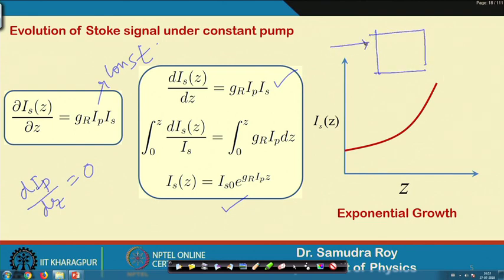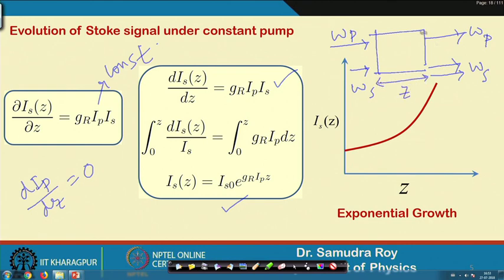Physically, this is our system. I launch pump omega p and a small signal omega s. In the output I have omega p and also omega s, but this omega s is amplified, and this amplification is exponential in nature. So, this exponential thing depends on z.